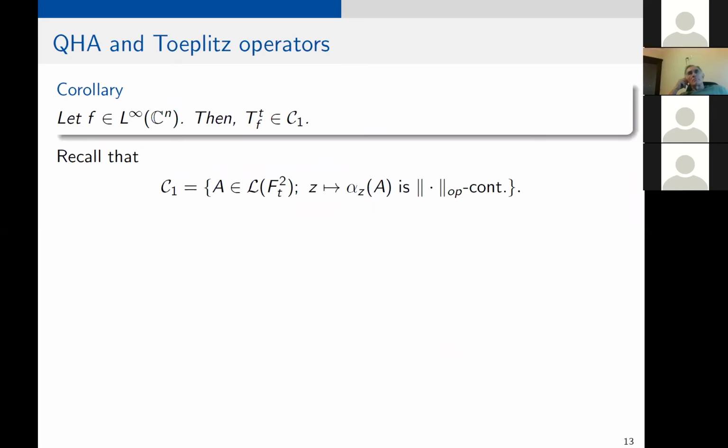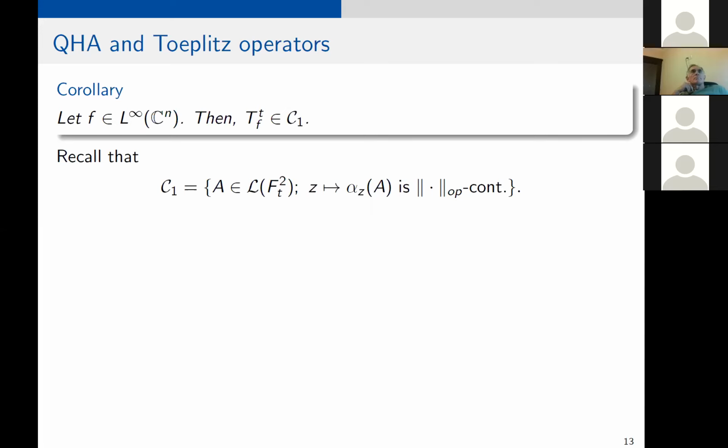Another thing you get is the following. If you start from an L infinity symbol, then the Toeplitz operator is in C1. So this can be a bit surprising. Just to recall, C1 is the set of all operators A such that Z goes to alpha Z of A is uniformly continuous.